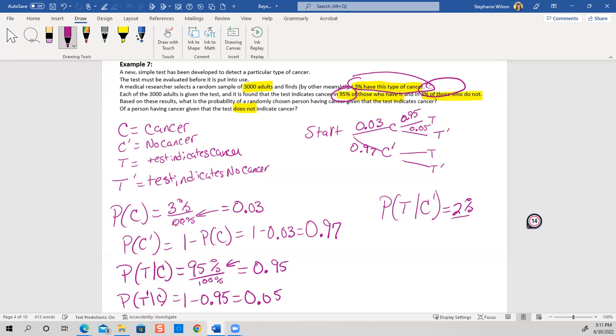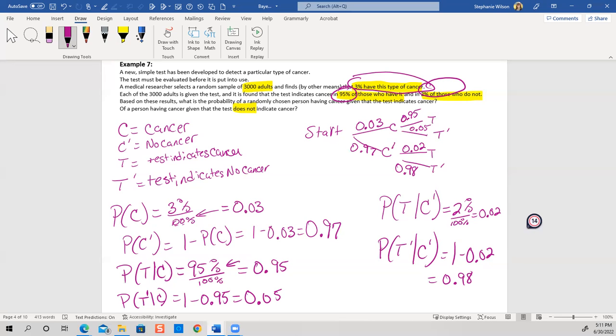And again, we're going to have to undo the percent. So that goes right here. Now let's find the complement of the test. We're going to take 1 minus that. Okay, we're almost done.